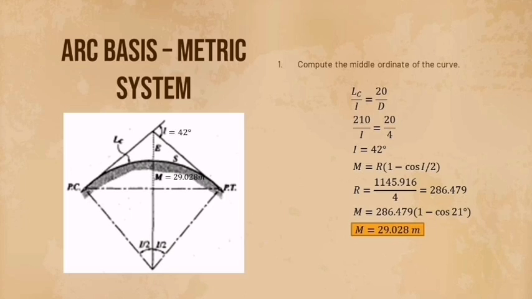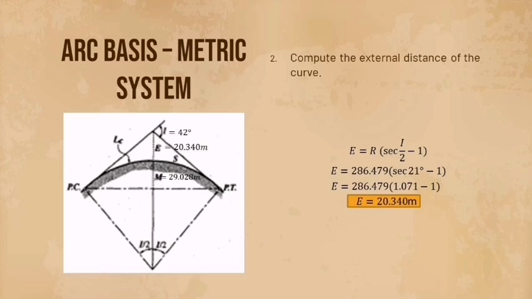So the radius is 286.479. After we substitute this radius to the middle ordinate formula, the middle ordinate equals 286.479 times 1 minus cos 21 degrees. So the middle ordinate will be 29.028 meters. Remember, when using the metric system, we are using meters.